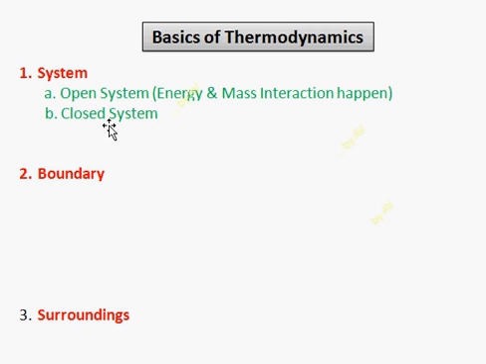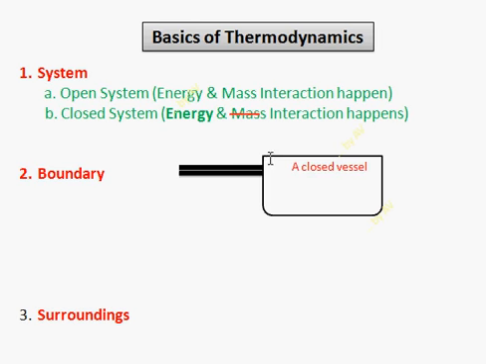Next classification, closed system. In case of closed system, mass transfer does not happen, only energy interaction happens. Imagine a closed vessel filled with fluid medium or food. Okay, it is closed. We are not adding anything or removing anything since it is closed.